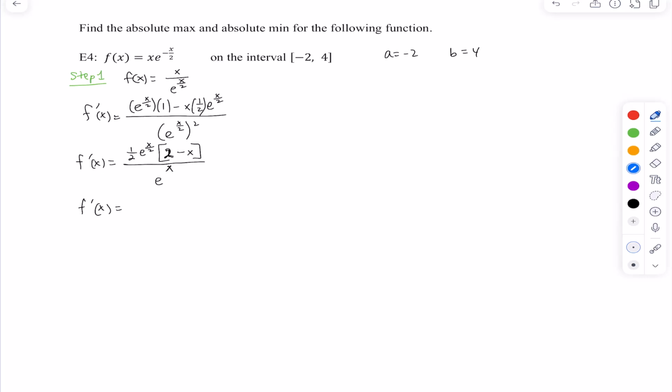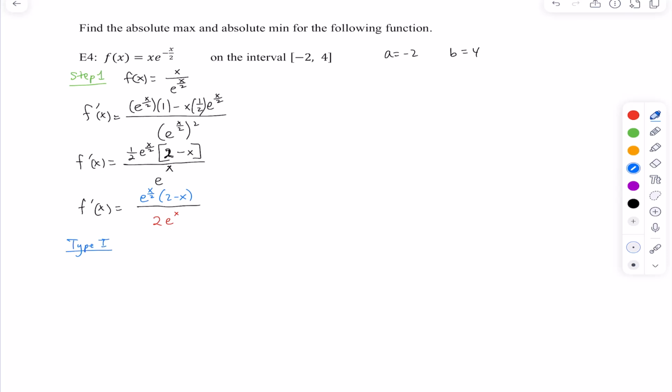And let's make the numerator a little bit friendlier, along with the denominator. And we're ready to find our type 1 and type 2 critical numbers.